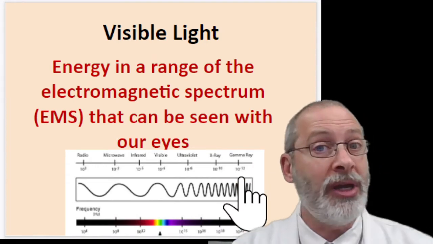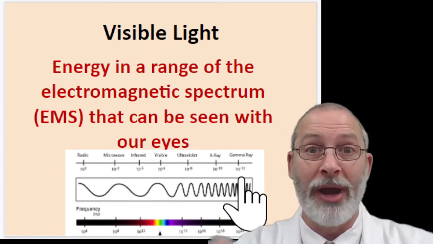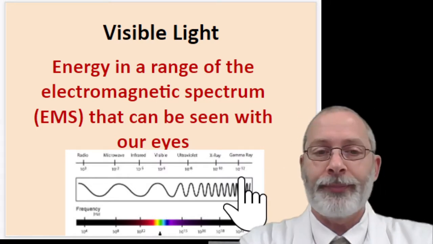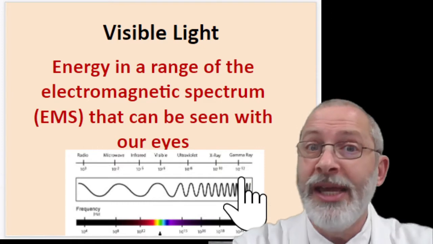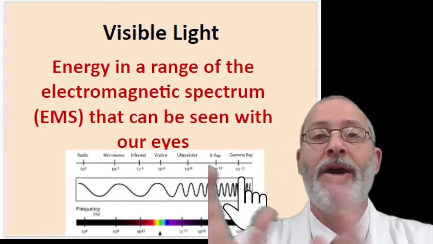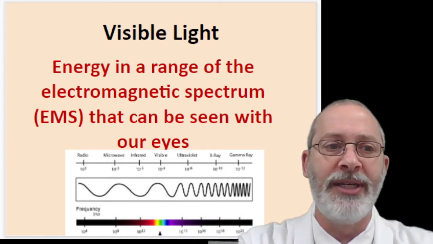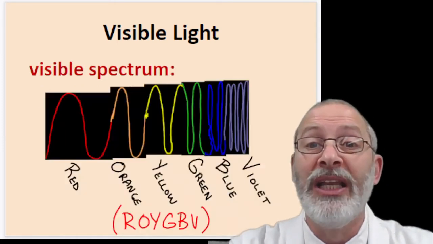We can experience those in other ways. If you tune a radio, you can tune into a radio station and hear them, but we see a certain wavelength range with our eyeballs, and that's what we're focusing on here today, the visible light.